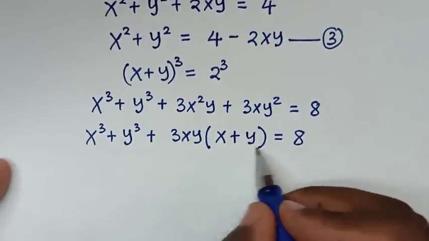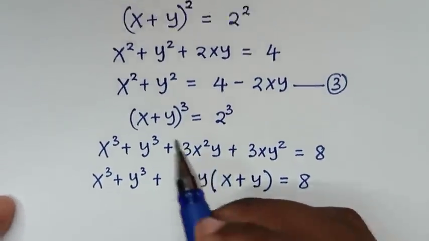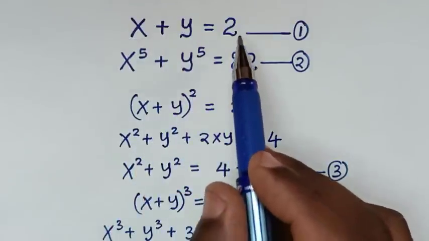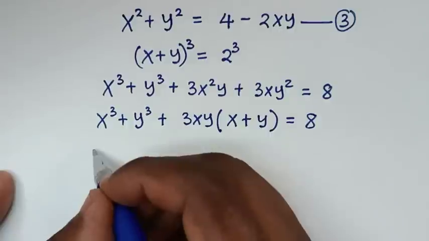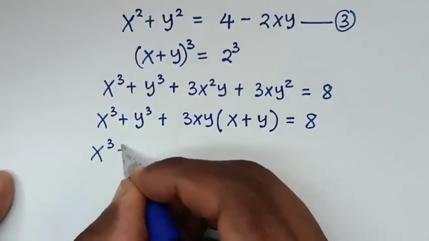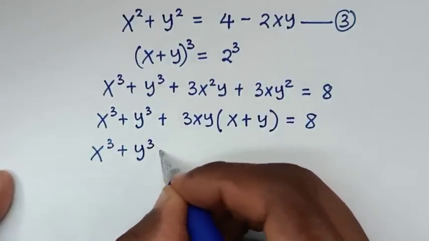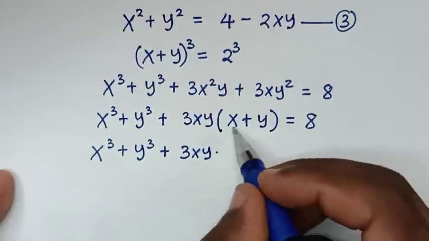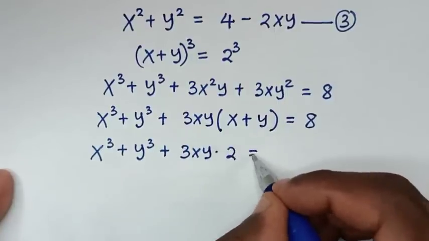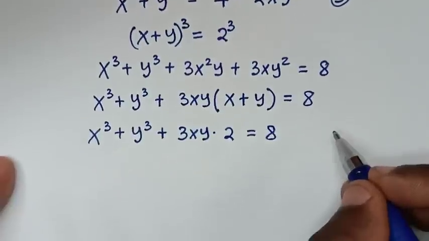Then from here, x plus y is from the first equation, where x plus y is 2. So here we substitute 2. Then it will be x power 3 plus y power 3 plus 3xy times x plus y, which is 2, is equal to 8.